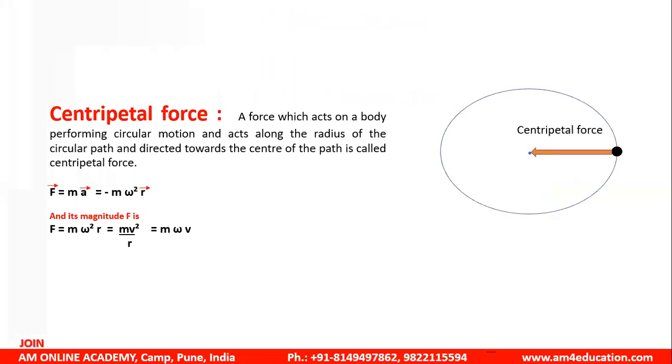Centripetal force. In the previous video, we have discussed it in detail. You can go to the link given in the description. Now, centripetal force is a force which acts on a body performing circular motion and acts along the radius of the circular path, directed towards the center from the object.